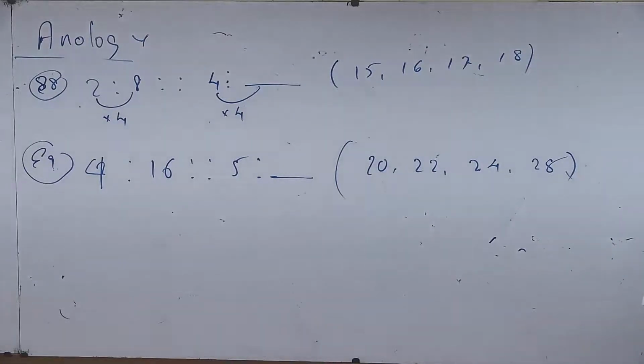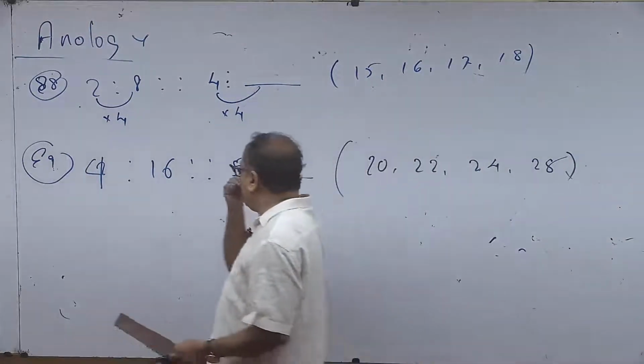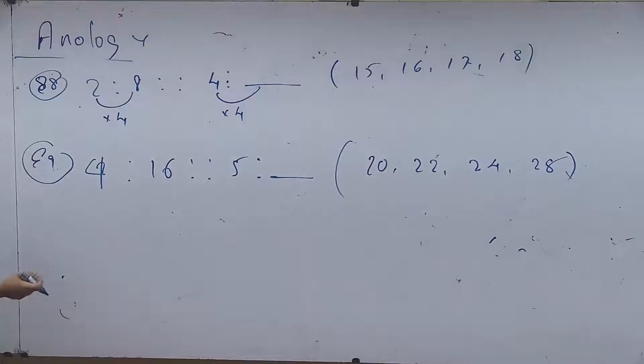Will it be 20? Okay. Logic? Into 4. So then 5 is 20.